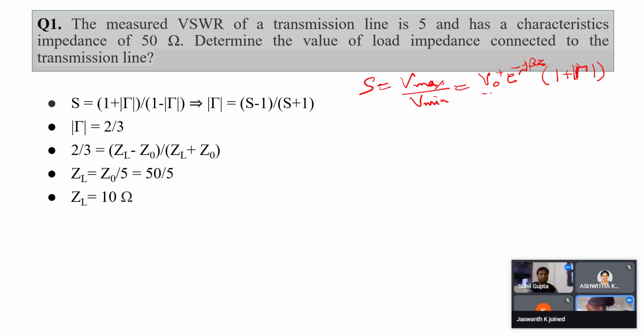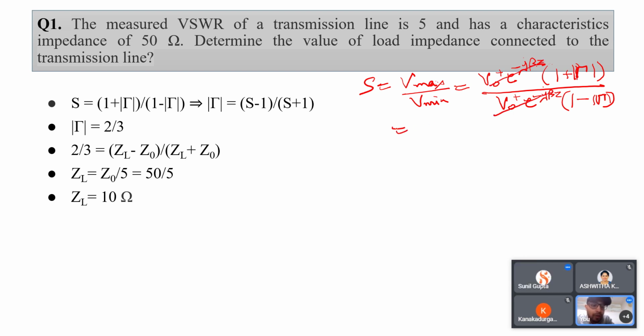Similarly, V min is defined as V naught plus e raised to the power minus j beta z in bracket 1 minus mod of gamma. So this term will cancel each other. So SWR is defined as 1 plus mod of gamma over 1 minus mod of gamma.